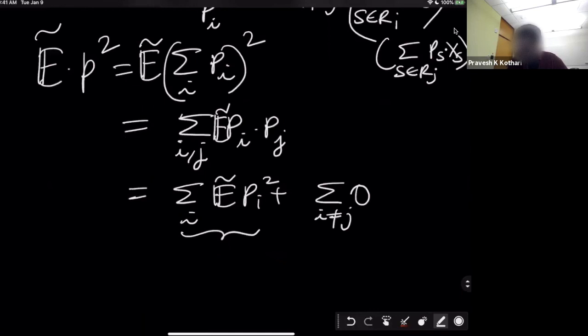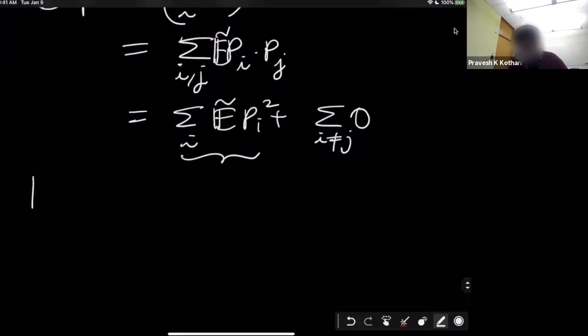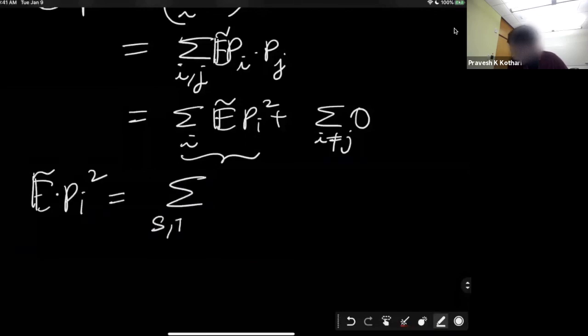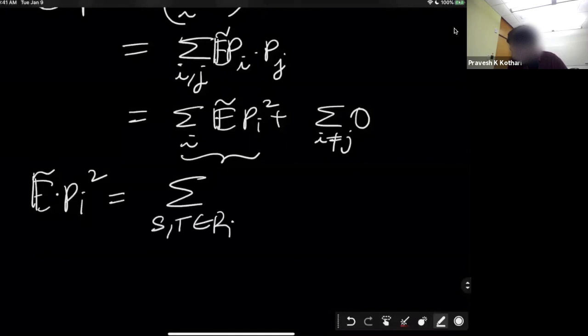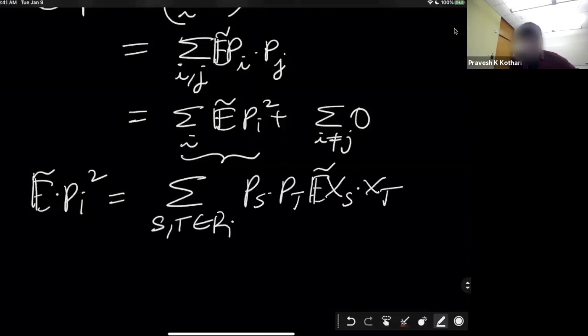Okay. So now let's finish that job. So now we have S and T in R_i, with coefficients p_S, p_T and monomials x_S, x_T. Let's use property 1. What does property 1 say?